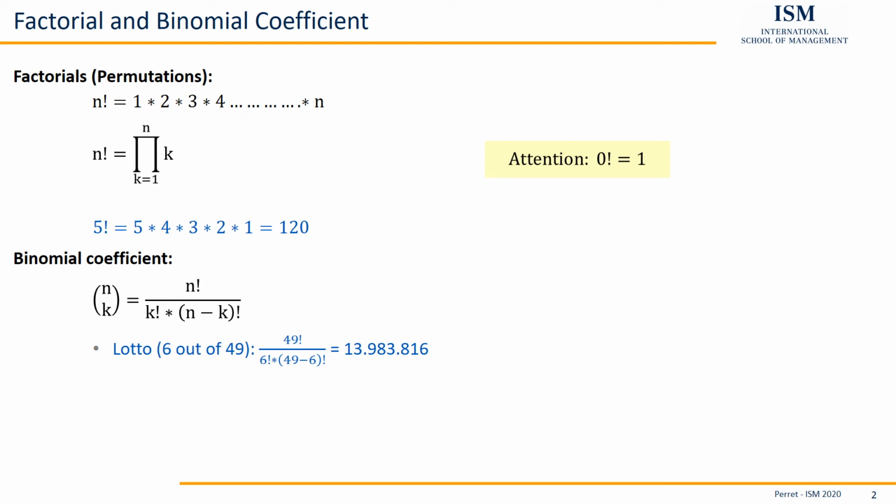We get, as a result, roughly 14 million possible outcomes. And you have to pick the one which is actually the winning one. Okay, so that's the idea behind the binomial coefficient, if we apply this to Lotto.